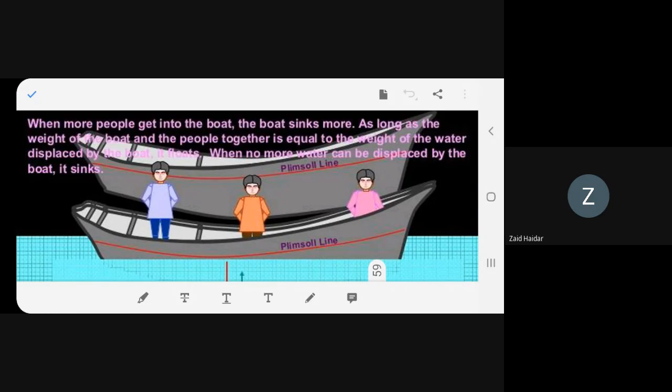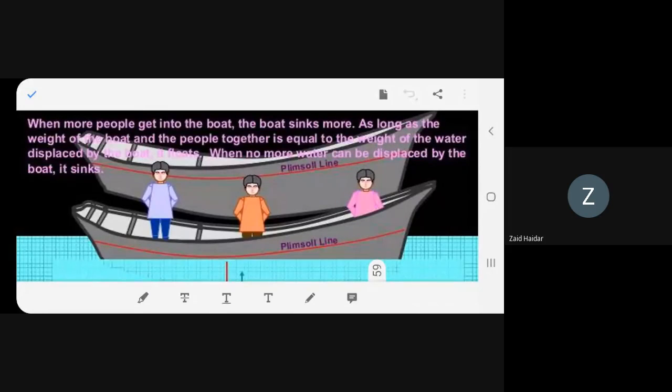Understood now? You must have heard of so many cases of boat capsizing, the boat sinking with people, people drowning with overcrowded boats. You must have heard all this in the news.